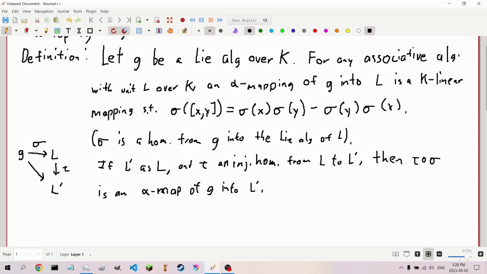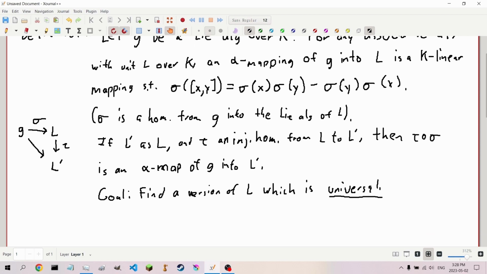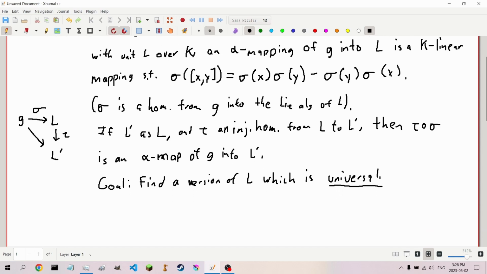So now our goal is to find a version of L which is universal. By this I'm going to assume they mean that for any L prime we can find a map.